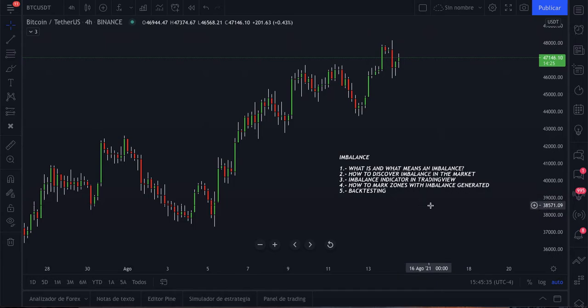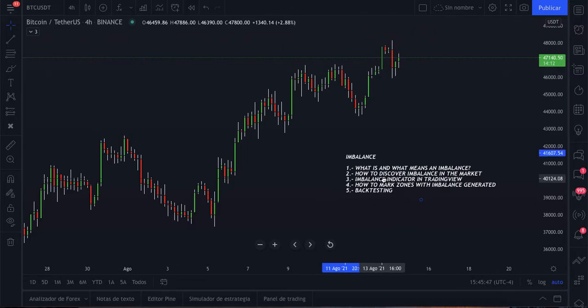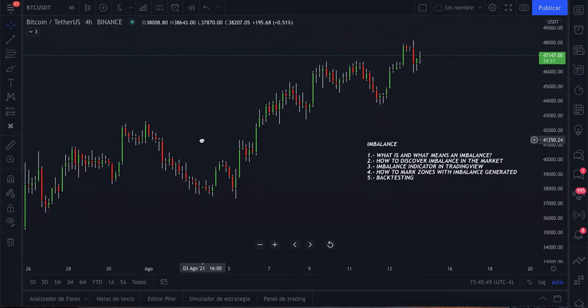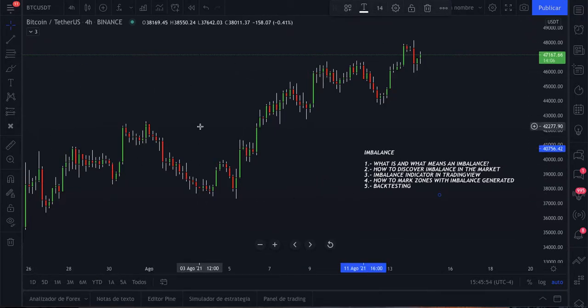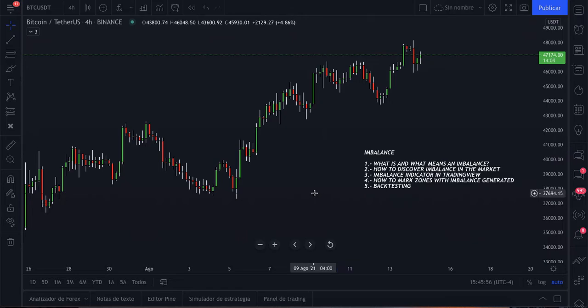That will help a lot to check imbalance. The fourth point will be how to mark zones, supply or demand zones with imbalance generated. And the number five would be a little of back testing that we are gonna do with this 4 hour chart for Bitcoin.